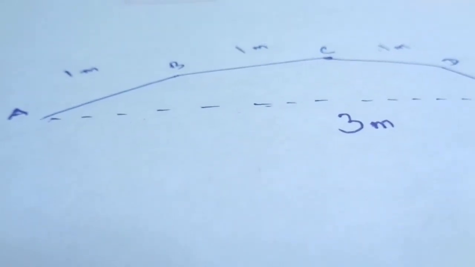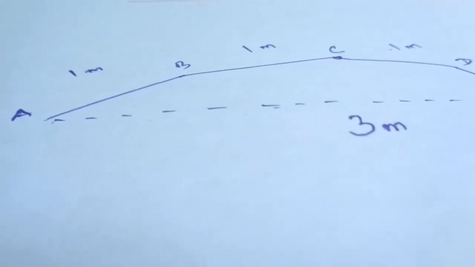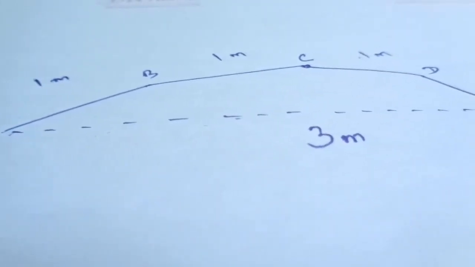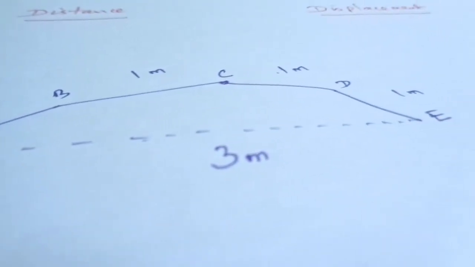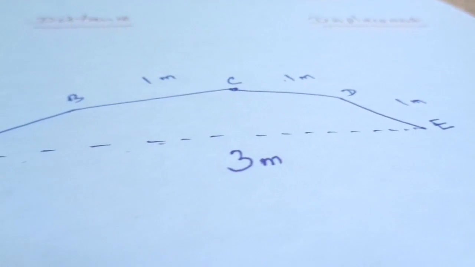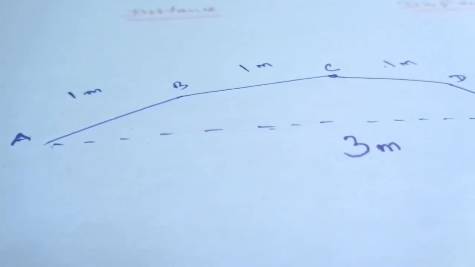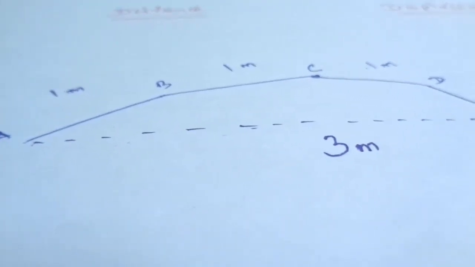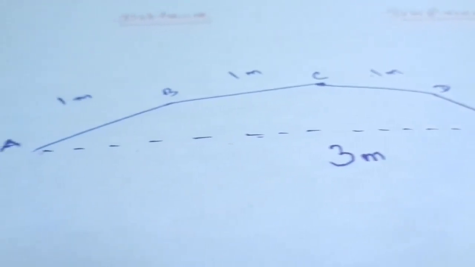Let us consider this particular picture. A particle moves from A to B to C to D to E. This is the path of the particle.